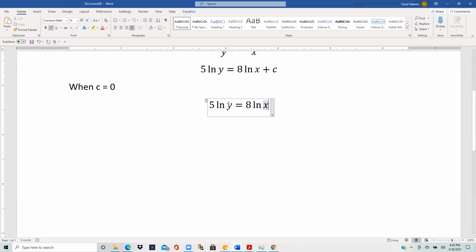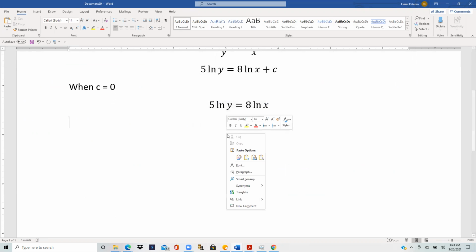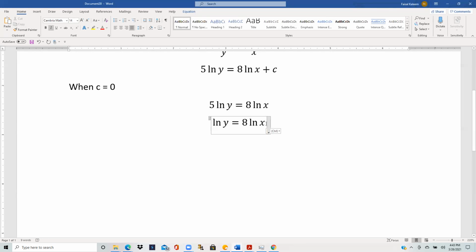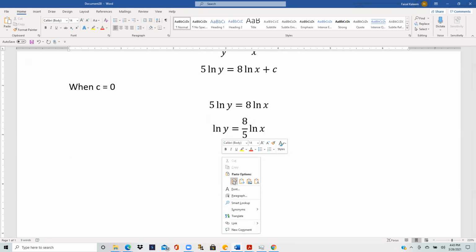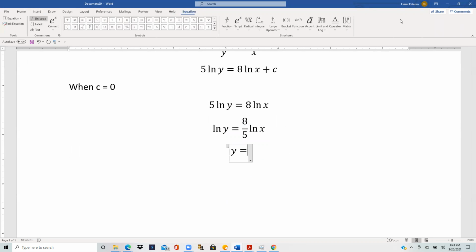And you solve this for y, so ln y is equal to 8 ln x divided by 5. And so y would be e power 8 over 5 ln x.